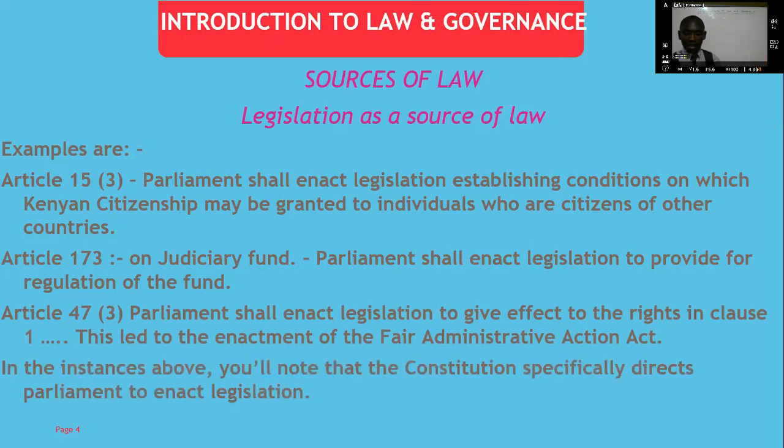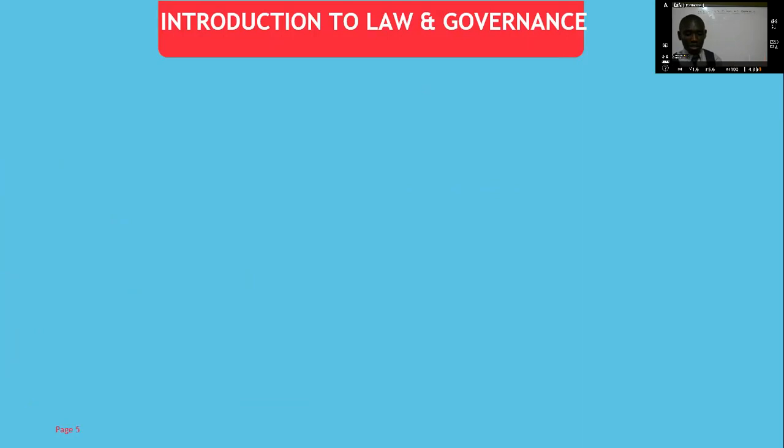So in these instances, you'll note that the Constitution is specifically directing Parliament to enact legislation. So these are some of the powers. We begin with Article 94(5), Article 15(3), Article 173, Article 47(3), just to name examples. There are so many other instances where the Constitution tells Parliament to make laws.